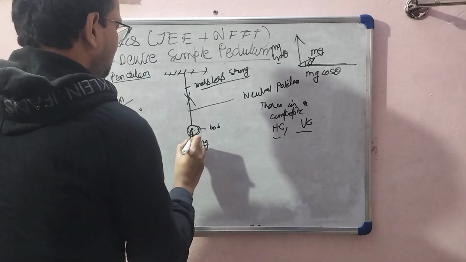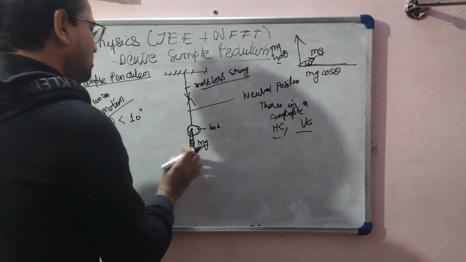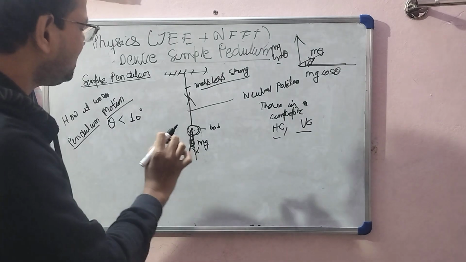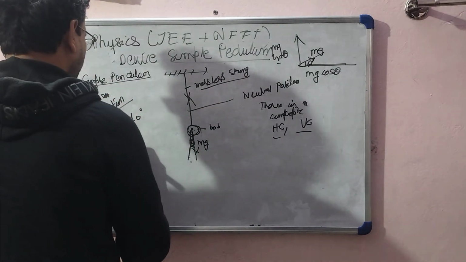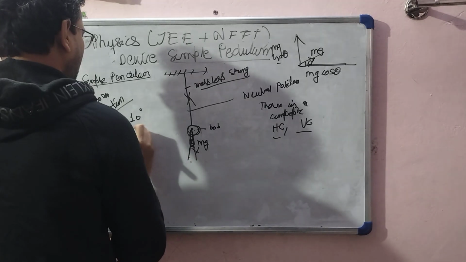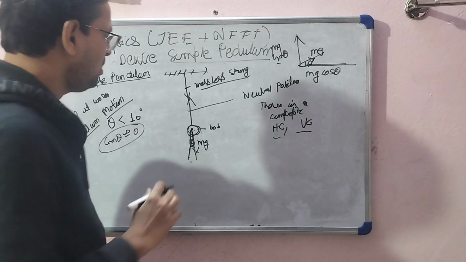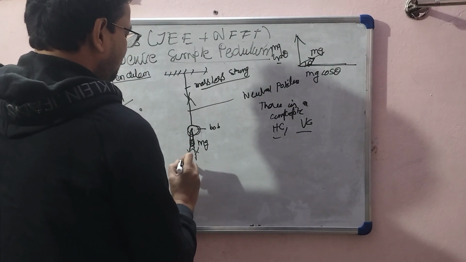At that point, if we just slide the pendulum with theta less than 10 degrees, where theta is very small, very minute, sin theta equals theta. There is mg.